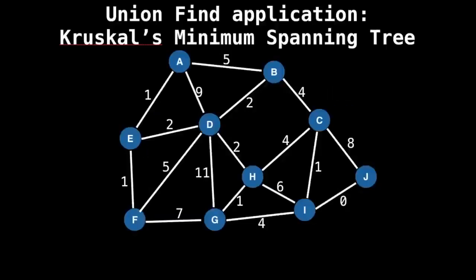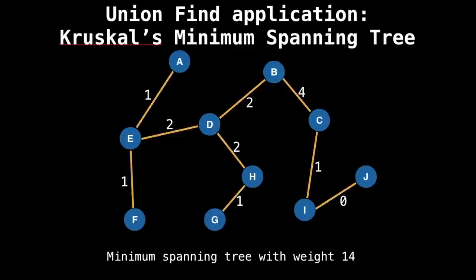So if this is our graph, with some edges and some vertices, then a possible minimum spanning tree is the following and has total edge weight 14. Note that the minimum spanning tree is not necessarily unique, so if there is another minimum spanning tree, it will also have a total weight of 14.